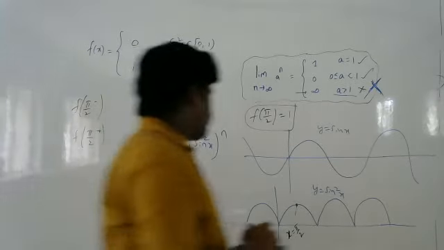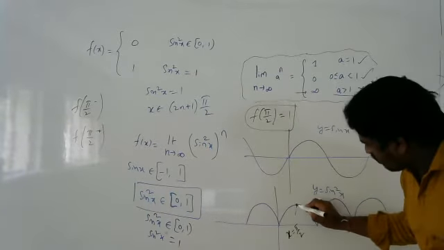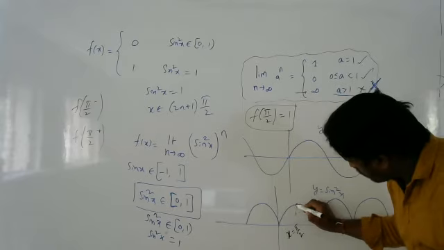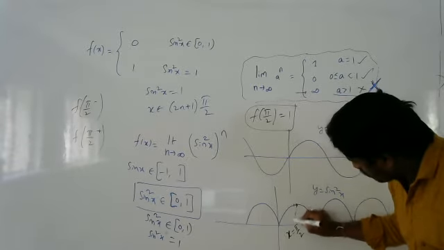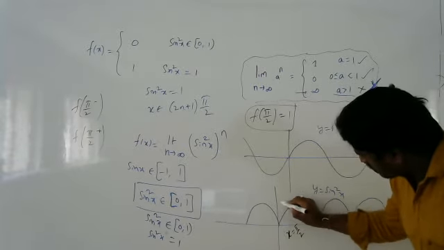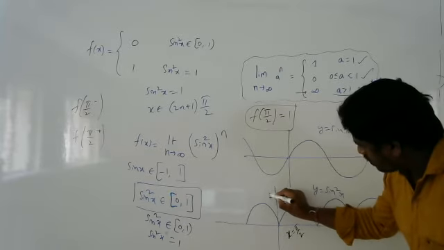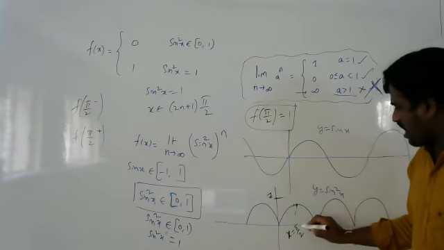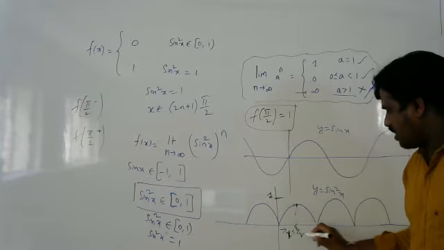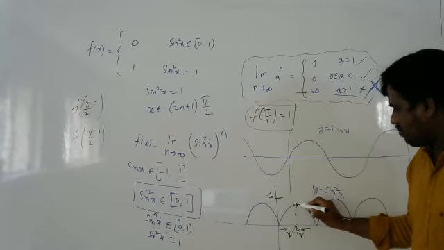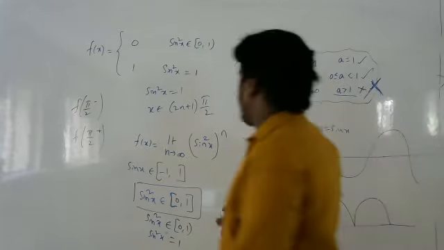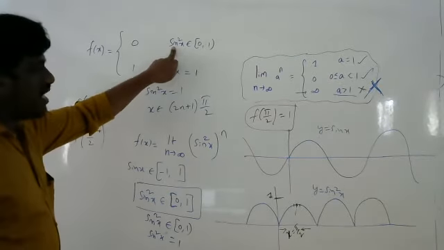As it approaches pi by 2 from the left side and right side, the value is below 1, and it is sin square.